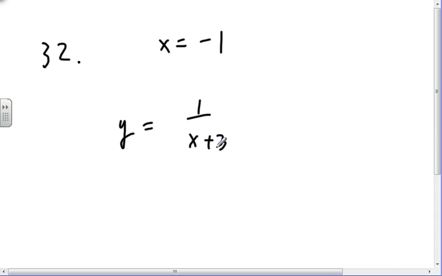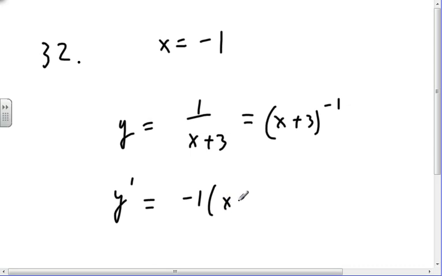So we're going to change this to x plus 3 to the minus 1 and find the first derivative. Minus 1 times x plus 3 to the minus 2, which is minus 1 over x plus 3 squared.